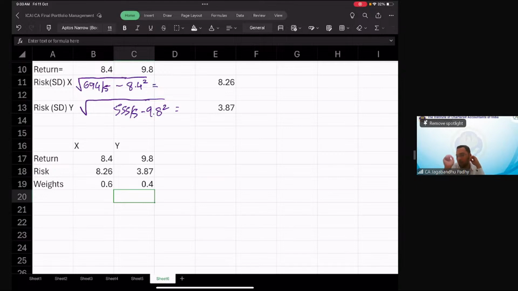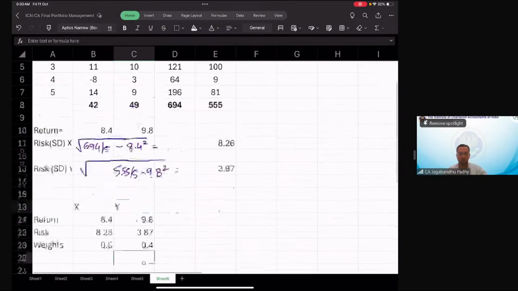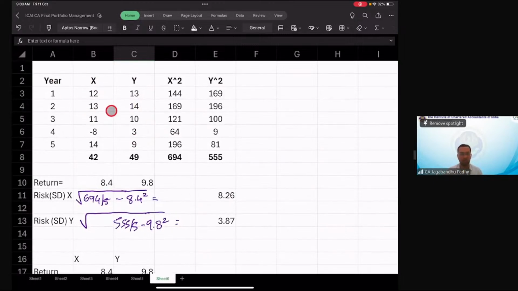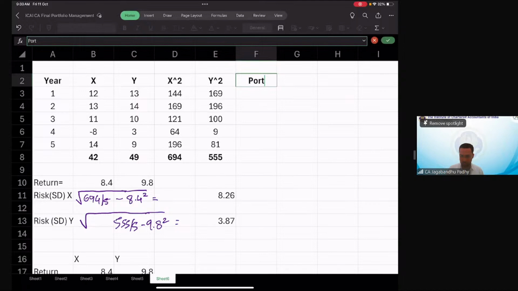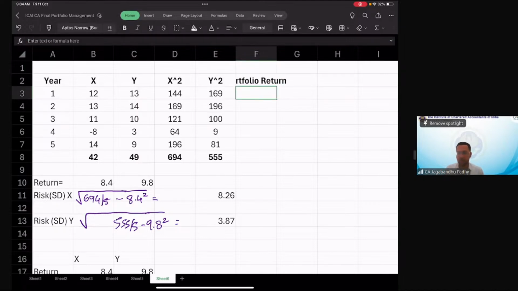So if you look at a portfolio of securities, suppose I would have held this portfolio of both X and Y since the beginning, what would have been my portfolio returns? Tell me, guys. What would have been my portfolio return in the first year?